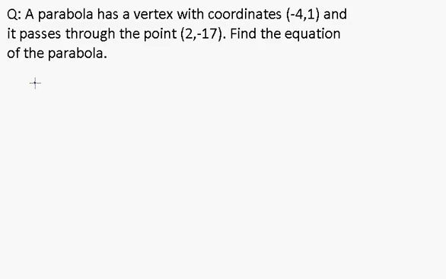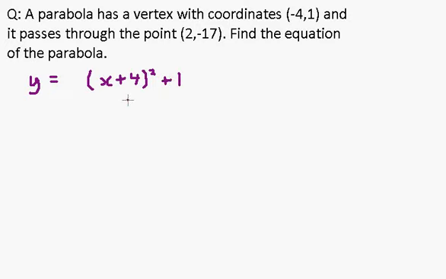First things first, let's remind ourselves that to use the vertex, this comes from completed square form. So I can write my equation as y is equal to (x + 4) all squared plus 1.